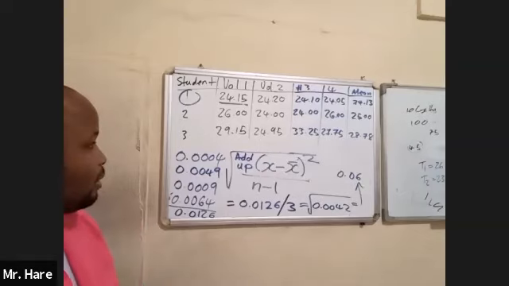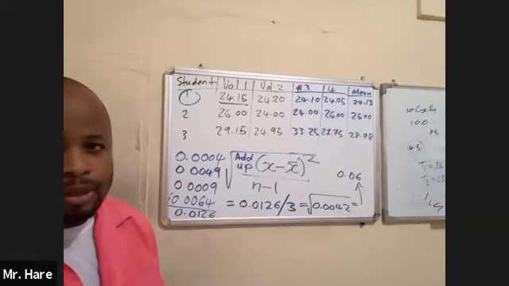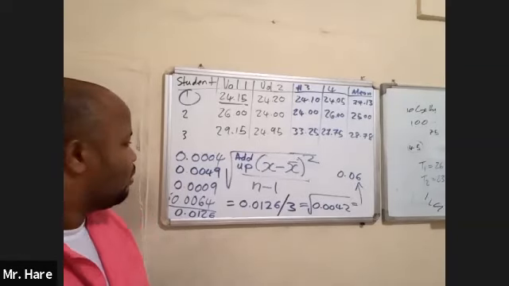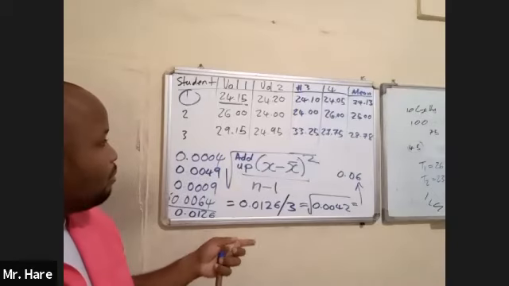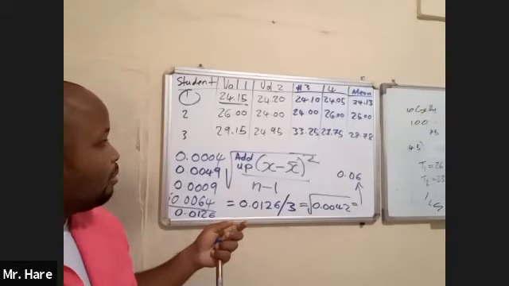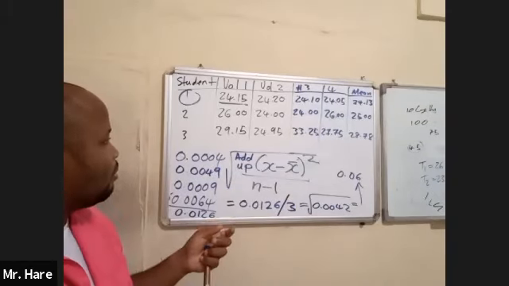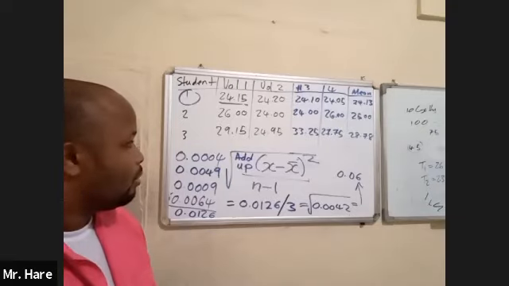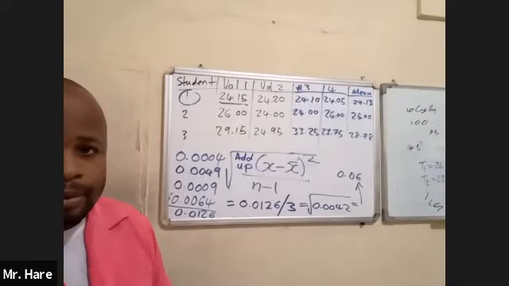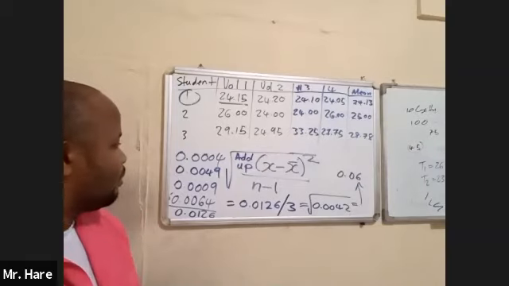Yes, sir, I pressed it, but when I'm calculating for student one, volume one, I put open bracket 24.1 minus 24.13, close bracket, and square at the same time, I'm getting the fraction.